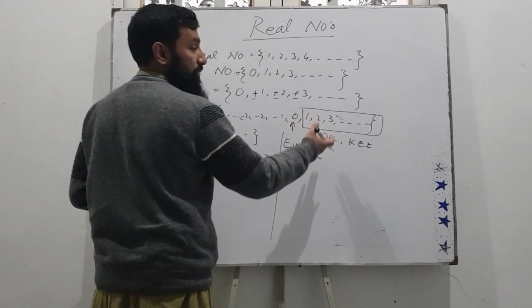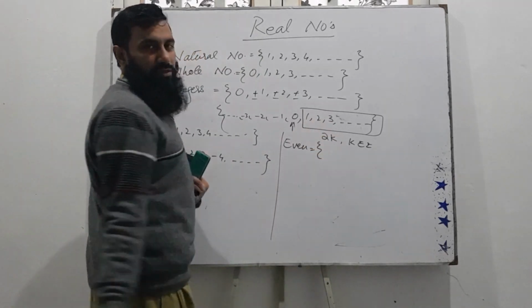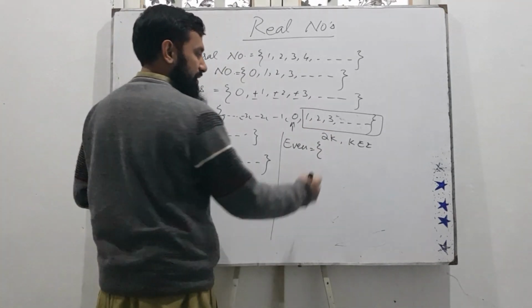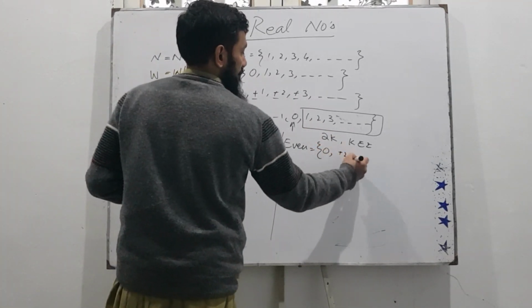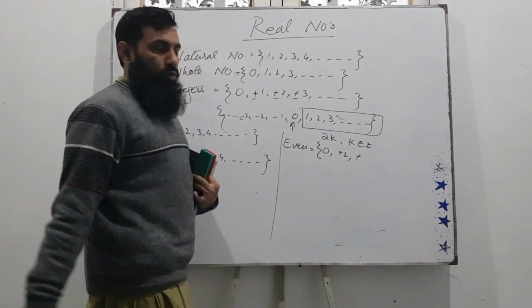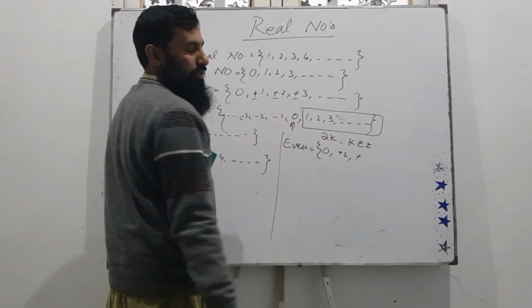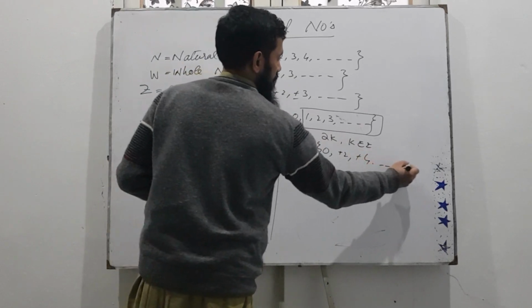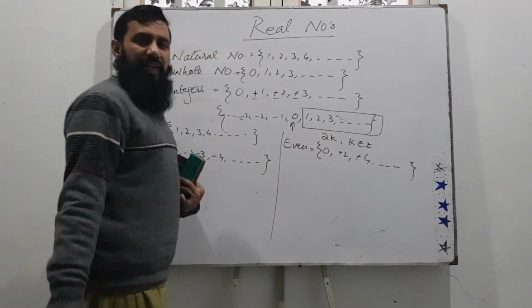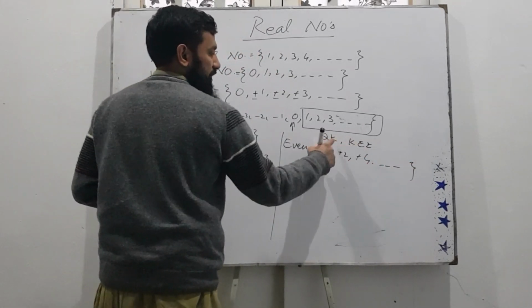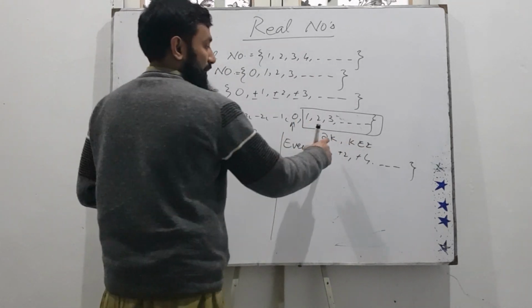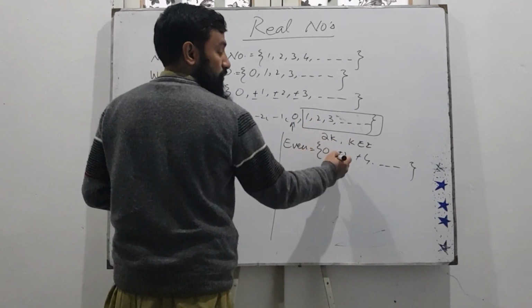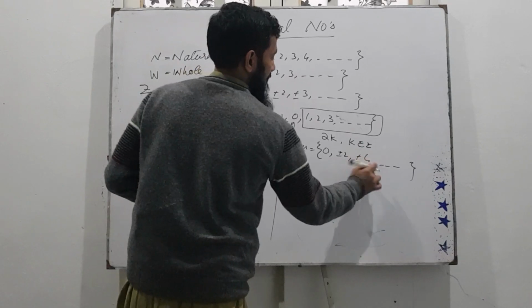If I put 1, it will become 2, since 1 is multiplied by 2. Then if I put 2 in the place of k, it will give us 4 and so on. If I put negative values of integers, for example -1, then -1 into 2 will be -2, then -4 and so on.